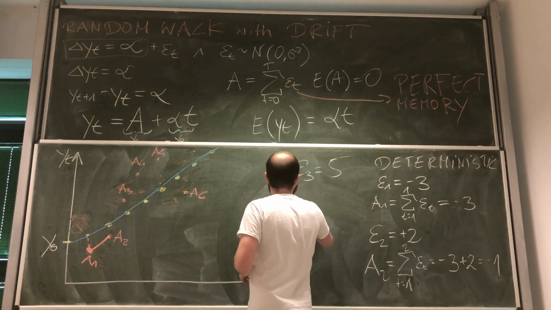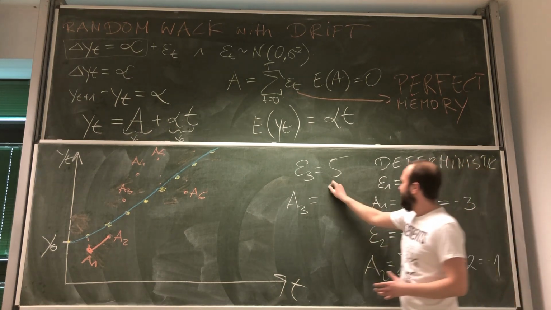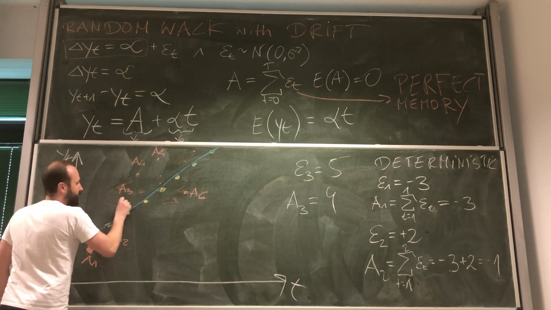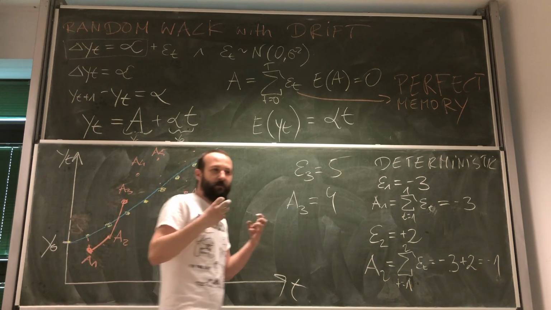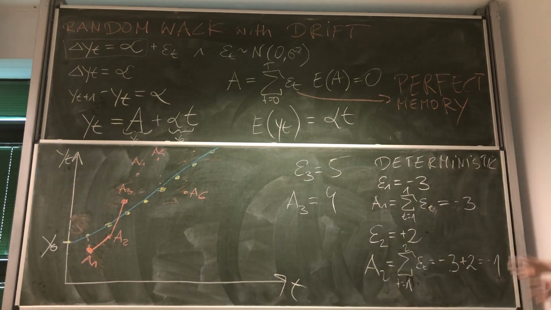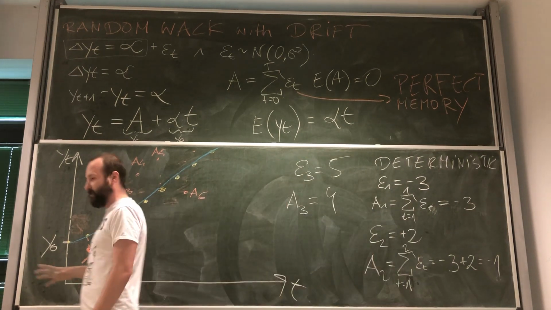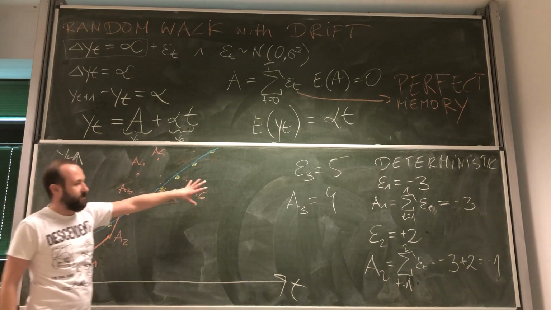A3, which is the sum of all past shocks, is negative 3 plus 2, which is negative 1, plus 5, it gives us 4. And because of that, we end up over here. And look, this is what I mean by perfect memory. So A is simply a sum of all those shocks, coming from a normal distribution with zero mean and constant variance, that we ever experienced.